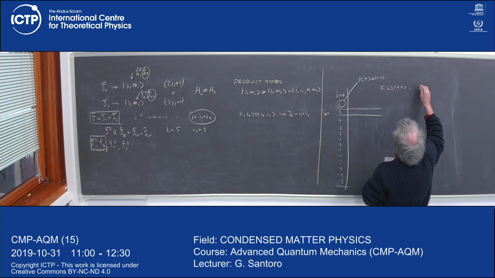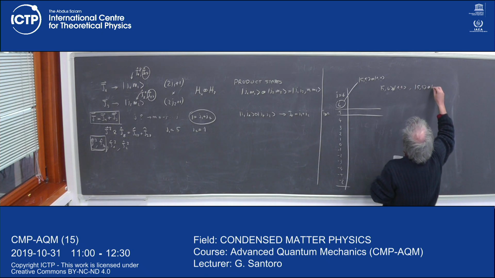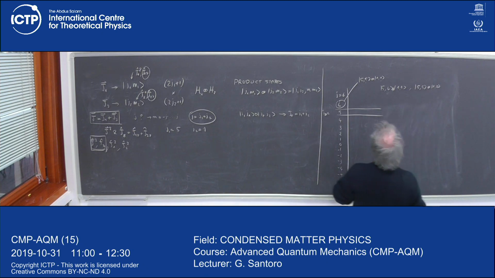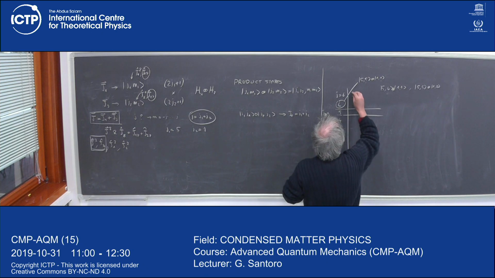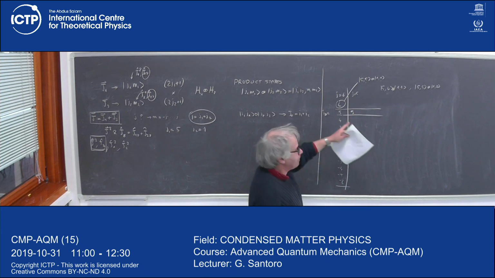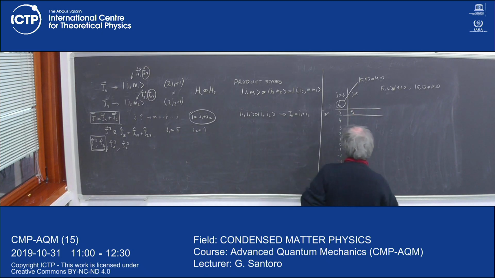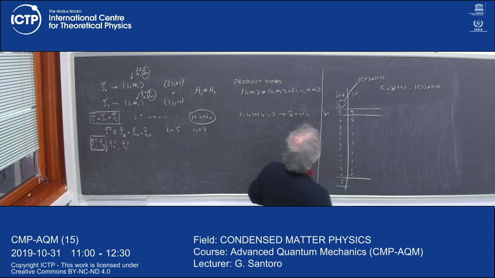But I can also make another choice, which is |5, 5> times |1, 0>. This is also 5. So in some sense I have two of them, and here I get only one, which means that there must be another one, which is orthogonal. Therefore I discovered that I should have also J equal 5 there as a separate object. Well, then I continue, and I go down to minus 5, so I will have also all the list up to minus 5.